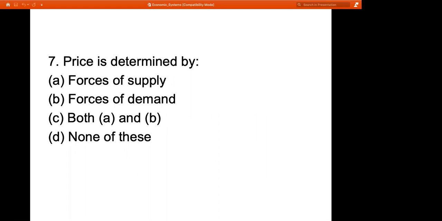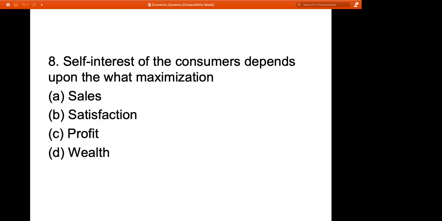Yes, both A and B are the answer. Self-interest of the consumer depends upon the maximization of what? Always the consumer tries to maximize his satisfaction. So the answer for this question is satisfaction.